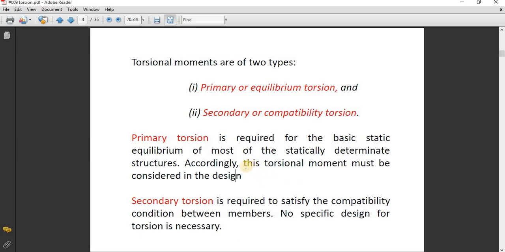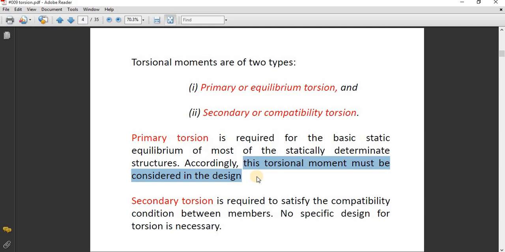How to consider this primary torsion while designing a structure is very important now. So remember, whenever you are watching this video lecture, from now onwards after this lecture, you have to take the IS 456 code with you.